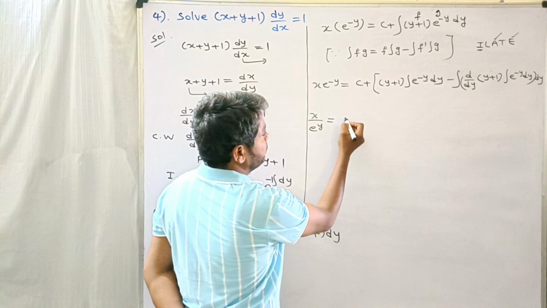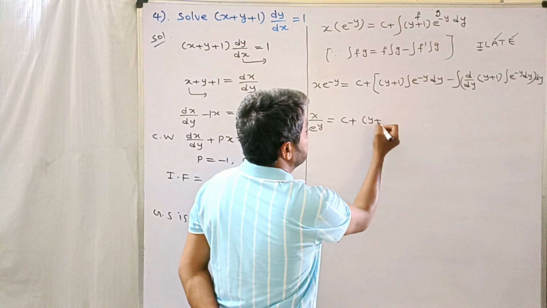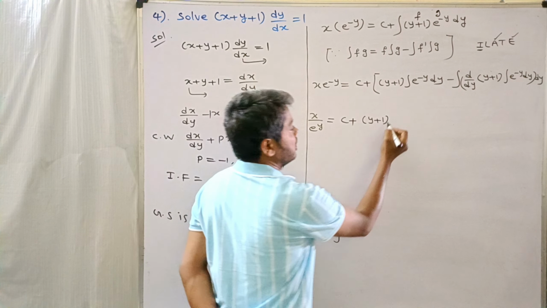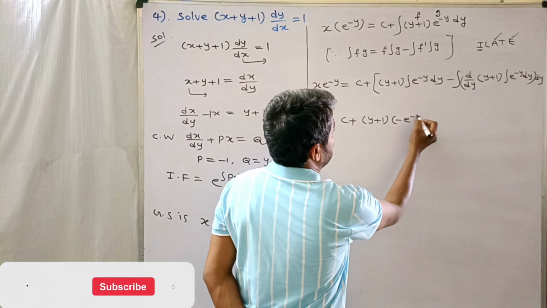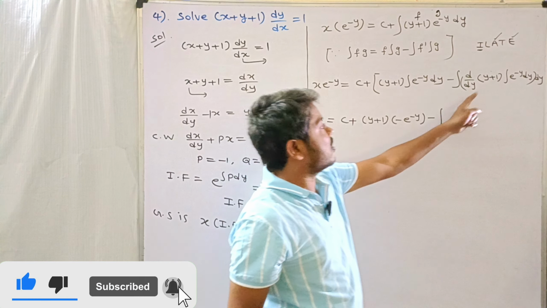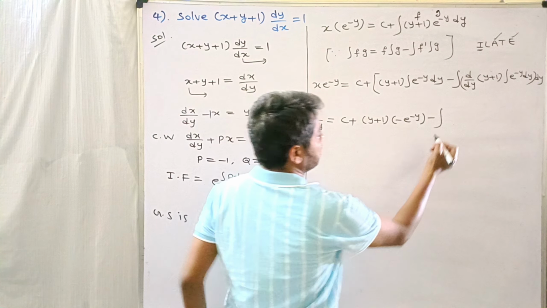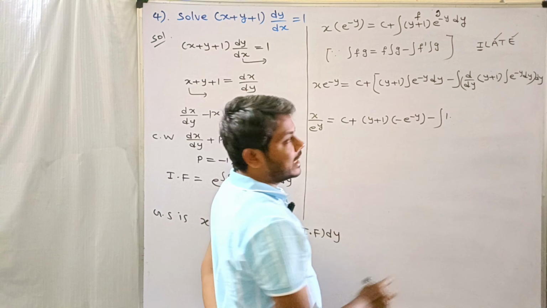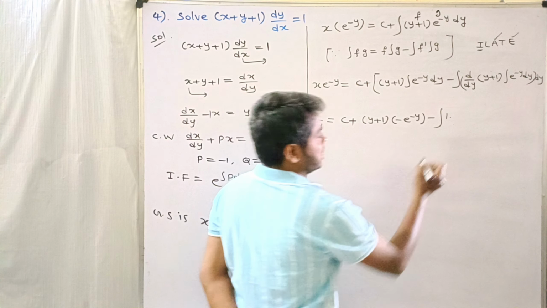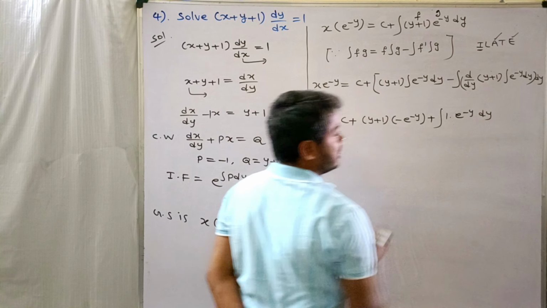So x e power minus y can also be written as x by e power y, which equals c plus (y plus 1) into integral e power minus y, that is minus e power minus y, minus integral of the derivative of y plus 1, which is 1 plus 0, that is 1, into again integral e power minus y, that is minus e power minus y, so plus e power minus y dy.